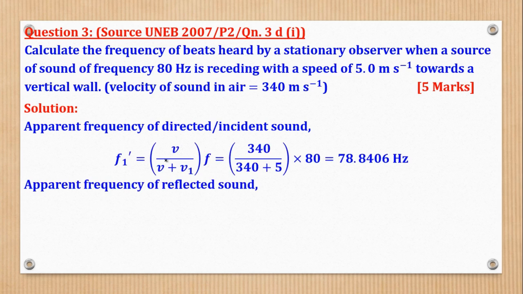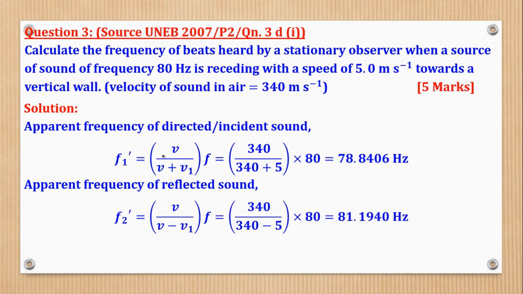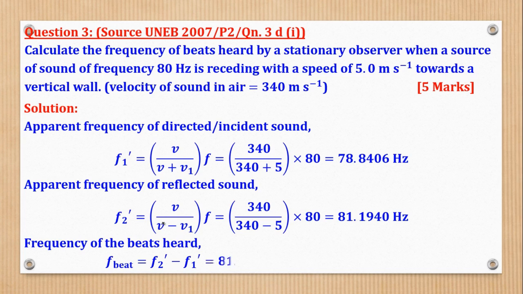Then the apparent frequency of the reflected sound will be given by that. So here the incident sound is moving away, meaning that this will be minimum, so minimum numerator, maximum denominator. The reflected sound is towards, meaning this will be increasing, so maximum numerator, minimum denominator, and then the difference between the two will be the beat frequency, and that's the answer they wanted.